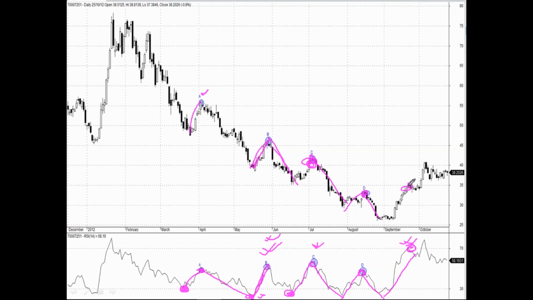This tells you that the trend is no more strong on the downside. There is something which has changed here. The momentum has changed. The price has changed. It has moved into bullish territory.